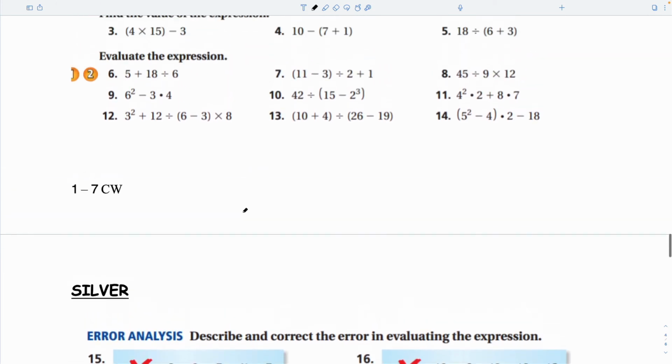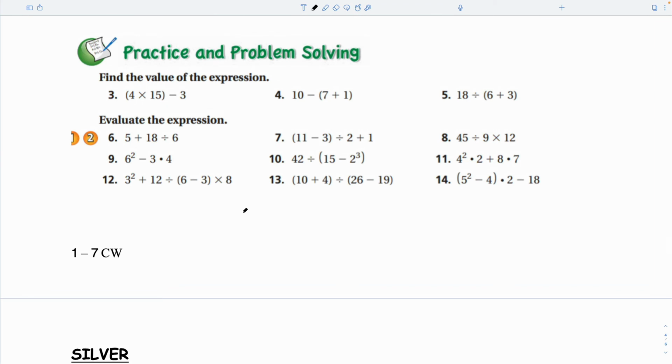Here's your homework real quick. If you're done with 4 and 5, flip to bronze.